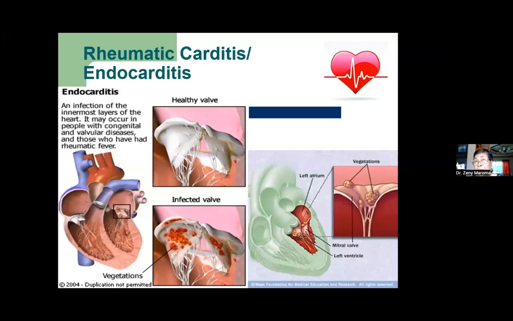Okay. Kaya yung mga IV drug users na nanghihiram ng syringe, okay, they are traced for endocarditis. Yun naman, pagka hindi siya autoimmune but caused by organism, yun ang tinatawag nating infective endocarditis.